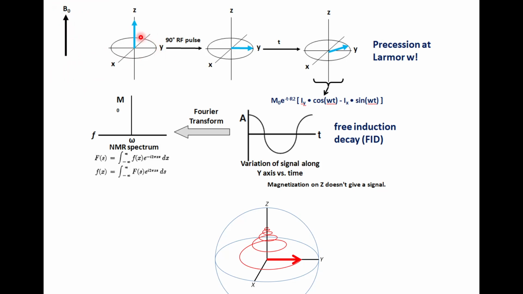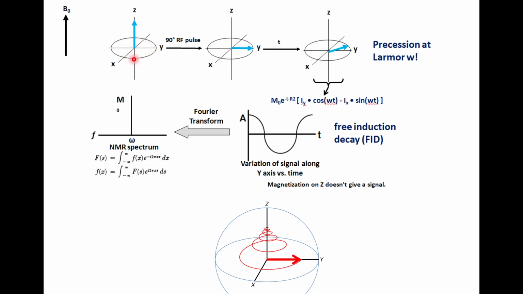So there is always a magnetic moment pointing towards the z direction. Now, when you apply a 90-degree radio frequency pulse, since this is an electromagnetic wave, the direction of your electric field is like this along the x axis. Now, if you remember, around an electric field there will be generation of a magnetic field.